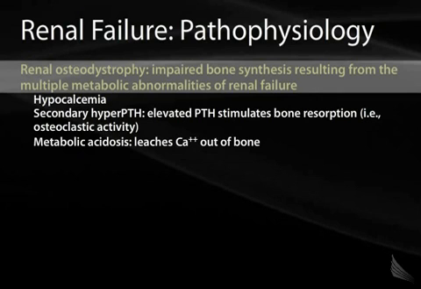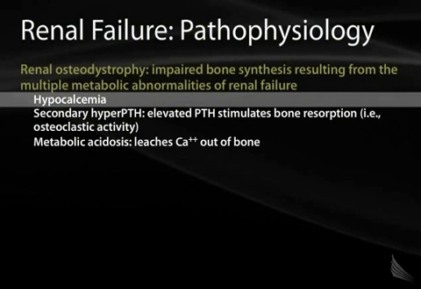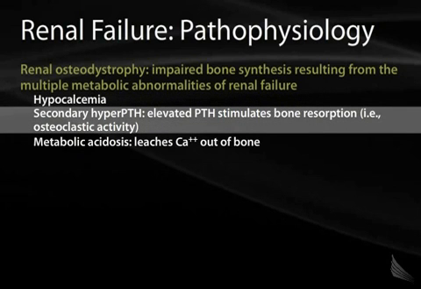While the overriding mechanism for renal osteodystrophy includes more than PTH alone, for the purposes of the Step 1 exam, the important features to remember are that hypocalcemia occurs in the setting of progressive renal failure due to vitamin D deficiency as well as hyperphosphatemia. The hypocalcemia stimulates PTH activity, and the PTH activity then leads to decreased bone strength.